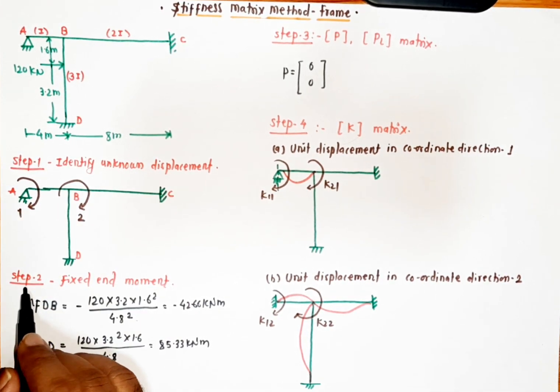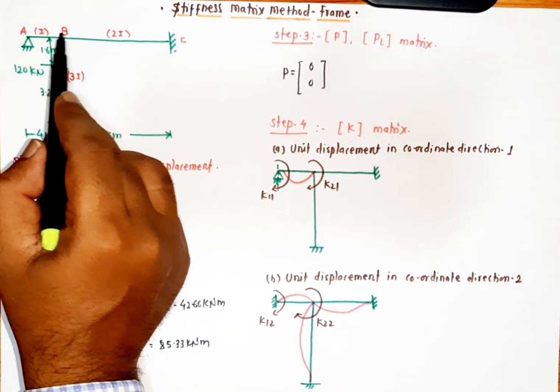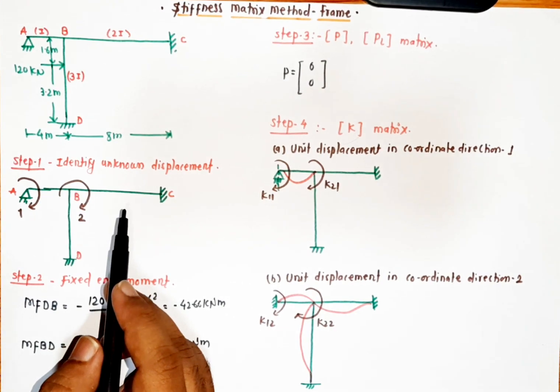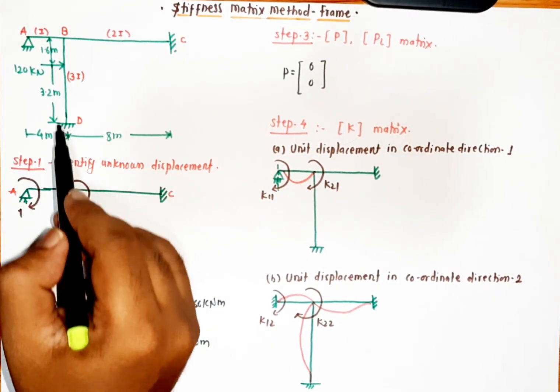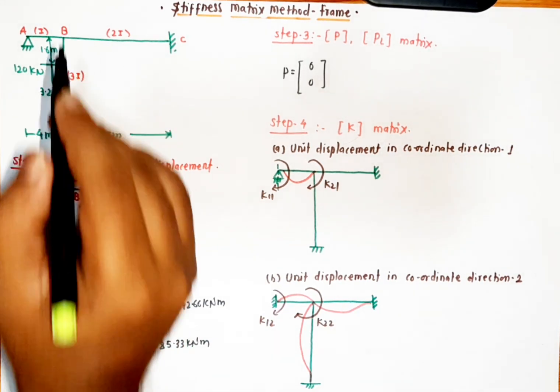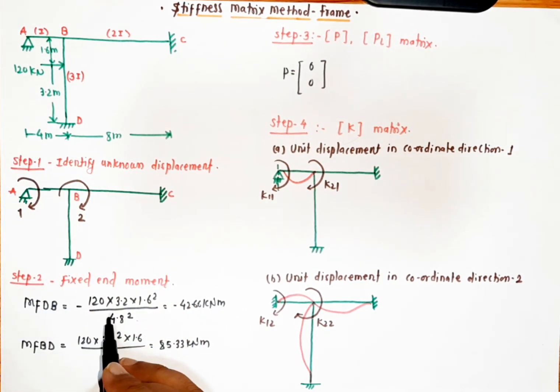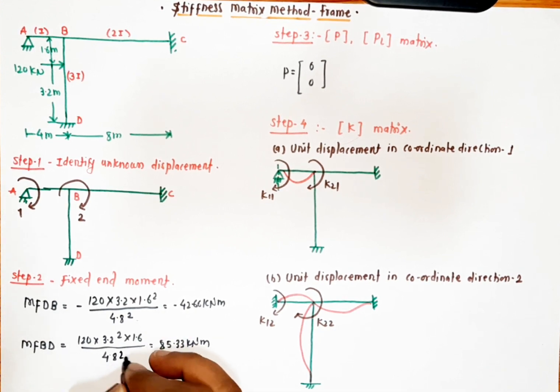Our second step is to find the fixed end moments. Here for AB and BC there is no loading, that's why fixed end moments will be only at BD and DB. Let us calculate the fixed end moments. Here we already know that it is eccentric loading, that's why it will be W a b squared divided by L squared and W a squared b divided by L squared.